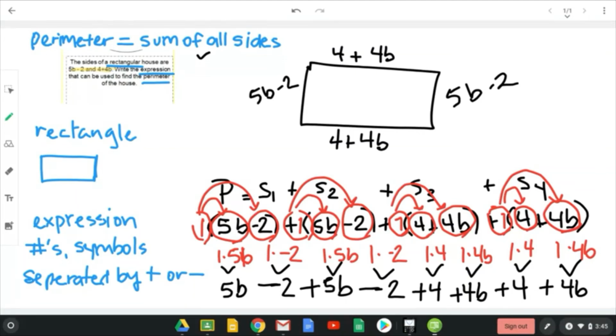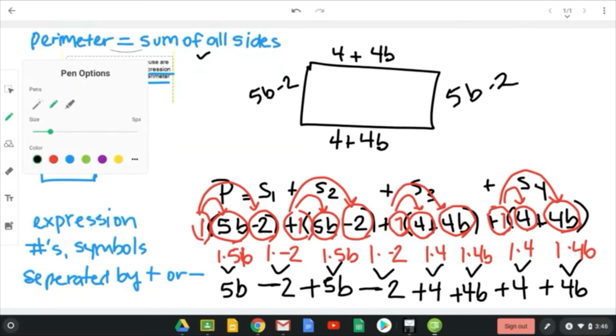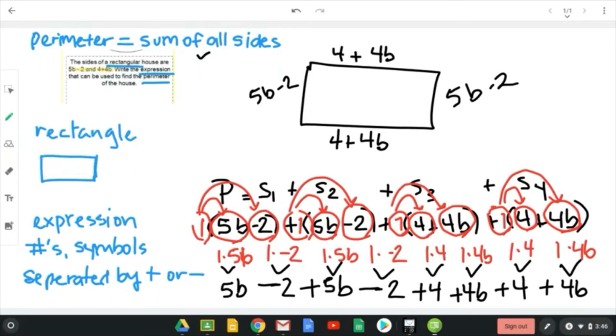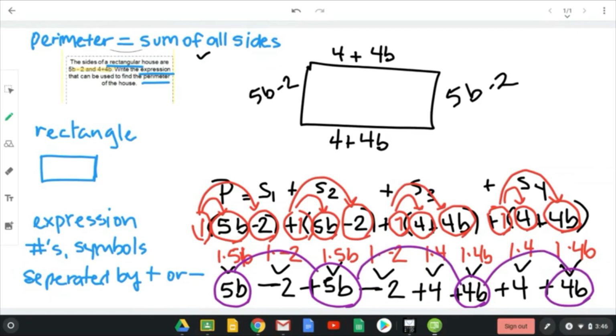Okay, now I'm ready to combine like terms. How do I know that? Because there are no more parentheses, since I've already distributed or multiplied. I'm going to use purple to identify my first set of like terms. Here 5b, 5b, 4b, and 4b are all like terms because they all have the variable b.